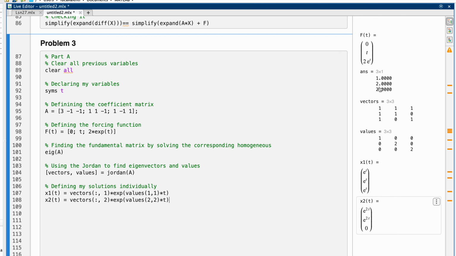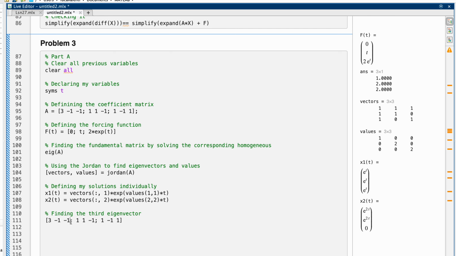Now I need to find a third one. Well, if I have 1, 1, 0, I can find the third eigenvector. And Jordan gives it to you, but let's just check, right? Find the third eigenvector. So to find that, I'm going to have this matrix over here. Copy that, paste.